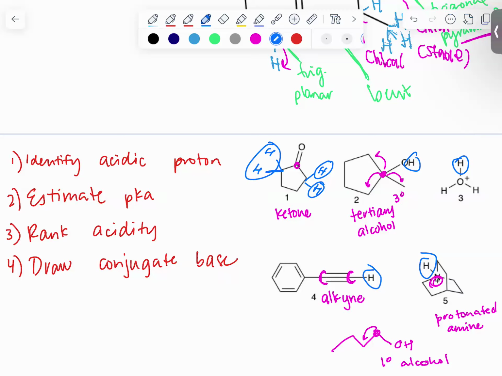Those are all right. So, with our ketone, we will pull one of the neighboring protons.